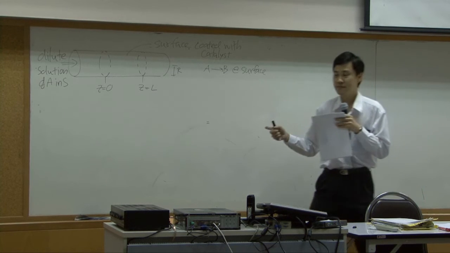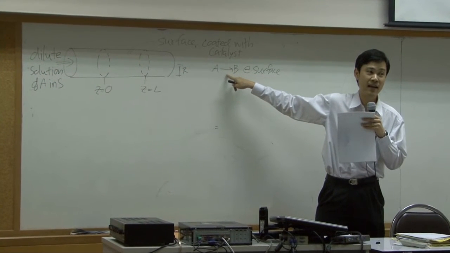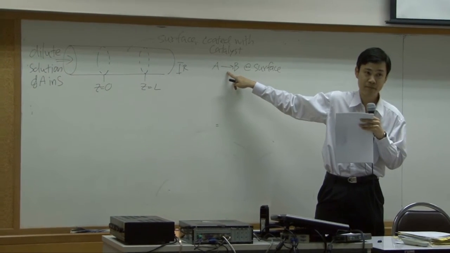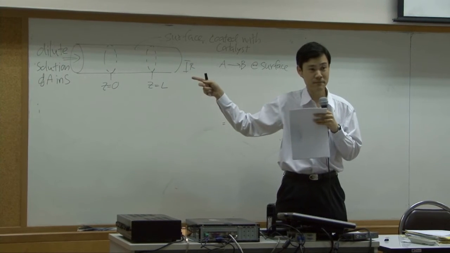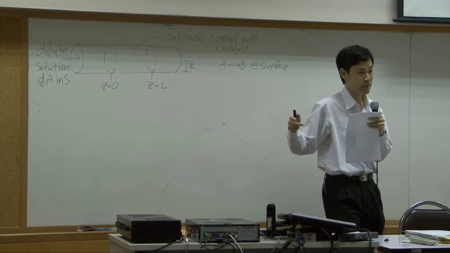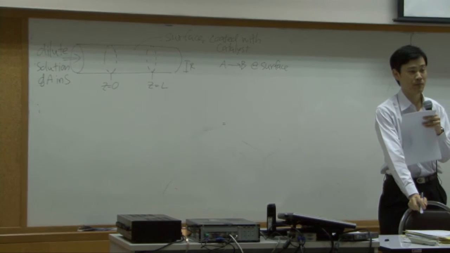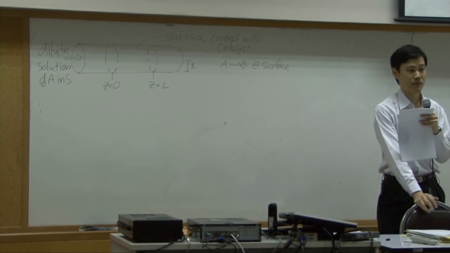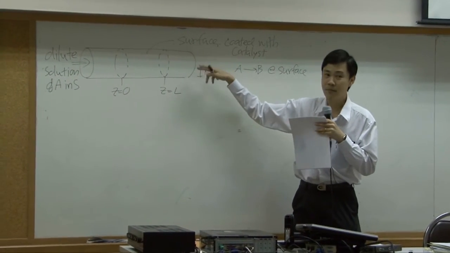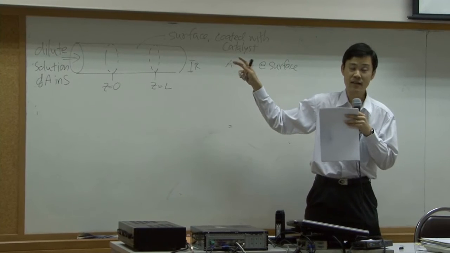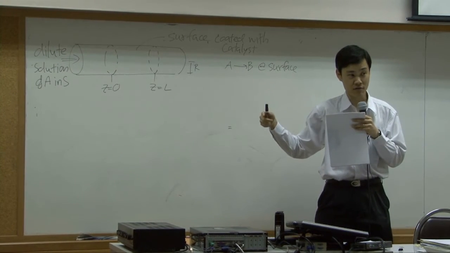But if the reaction here is highly exothermic, and the pipe is insulated, what would happen? As long as the pipe is insulated, that means energy cannot transfer anywhere else.